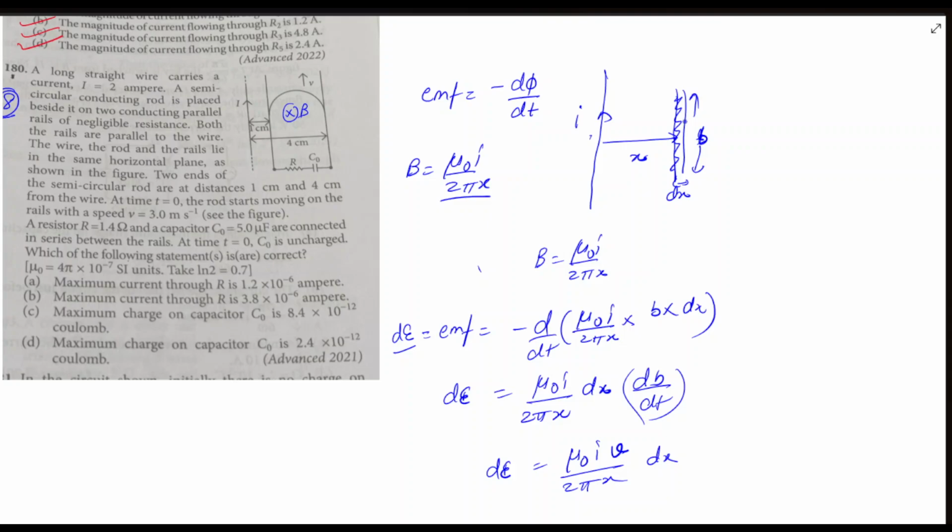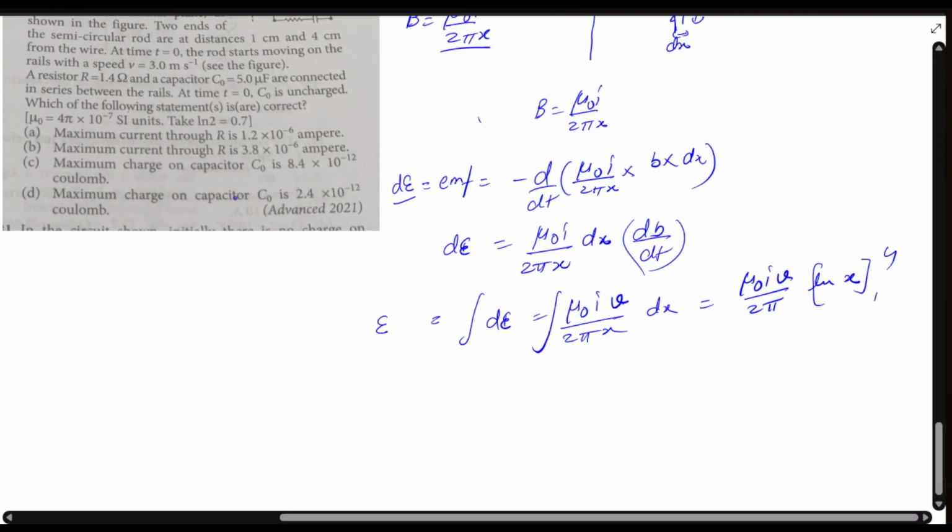And we are considering the whole area, so we'll just integrate. So we'll get mu naught I V upon 2 pi ln x, and the limits will be from 1 to 4. So this is the net EMF which is developed across this loop. So how much will it be?